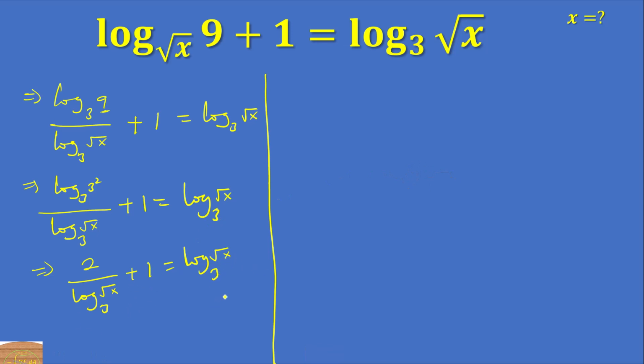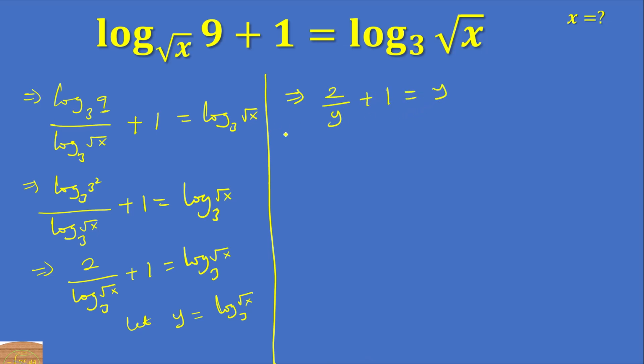So let's represent it by a variable. So let y be log root x to base 3. So substituting y for log root x to base 3, we have 2 over y plus 1 equals to y.